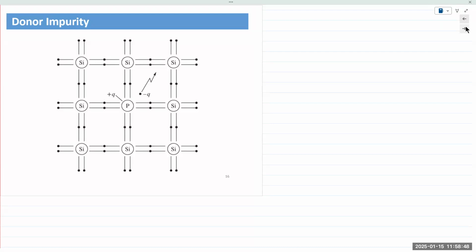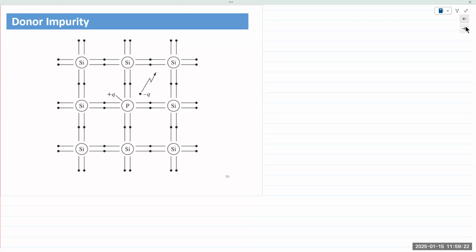It is not bound to any atom. It's not bound by any covalent bonds. It is a free charge carrier, and it's 1 extra negative charge. So if you introduce a large number of these external impurity atoms into a small space in your semiconductor material, that small space becomes negatively charged, or flushed with negatively charged electrons.